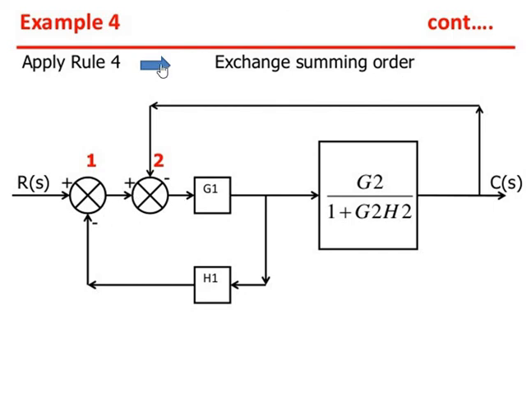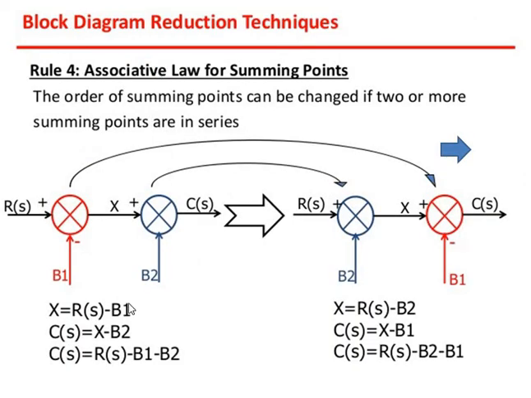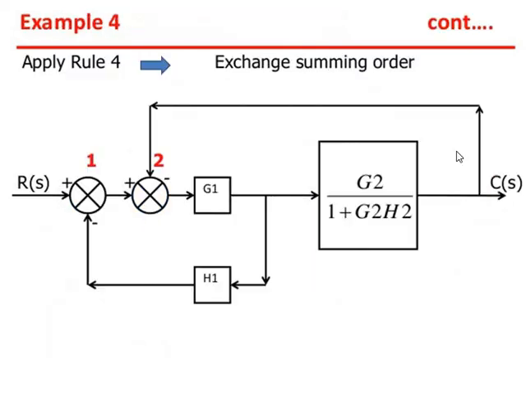Rule 4 states that if we interchange two summing points which are connected in series, there is no change, the output will remain the same. So we just interchange the two summing points. This one becomes here and these two are shifted here.